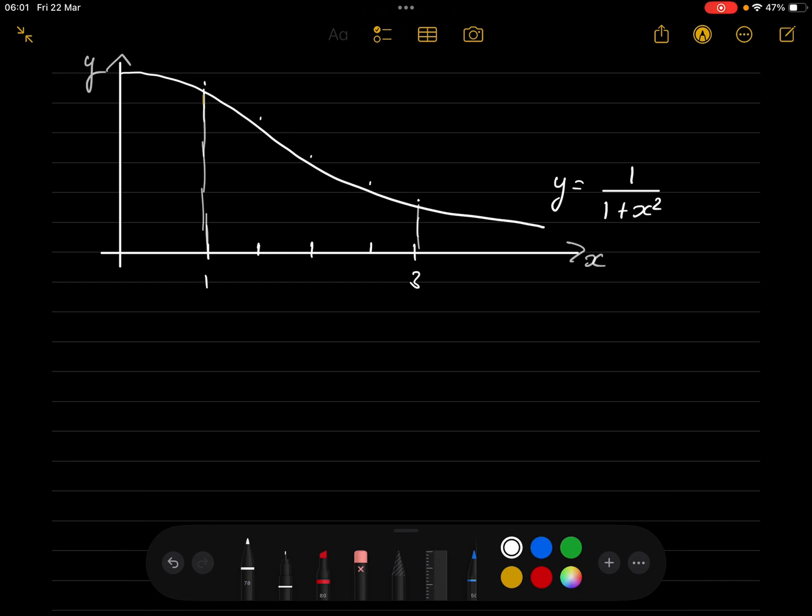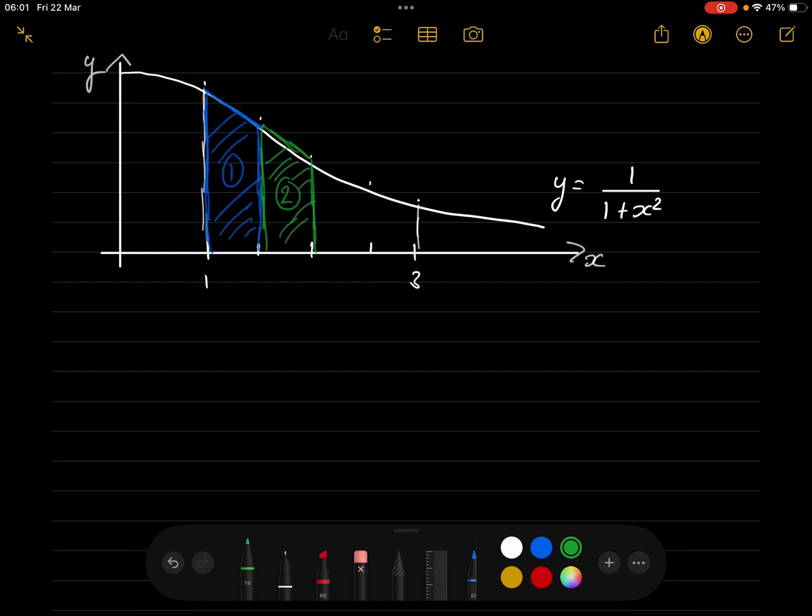I'm going to approximate this area by splitting it into 4 trapeziums of equal width between x equals 1 and x equals 3. So the first trapezium would look like this. And then the second trapezium, again of equal width, would look like this.